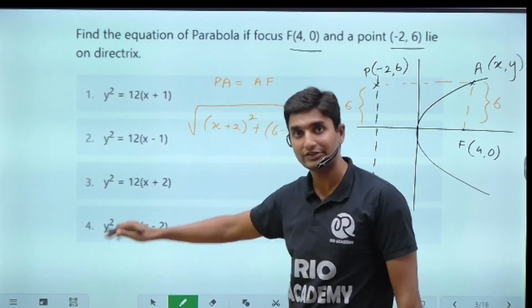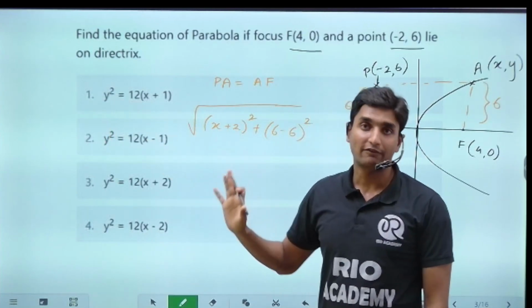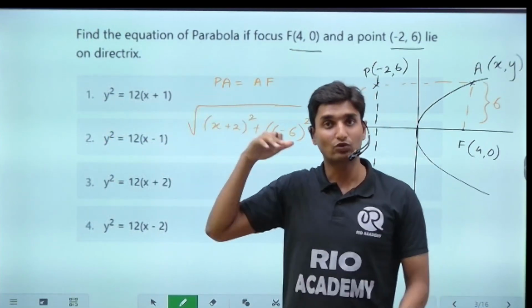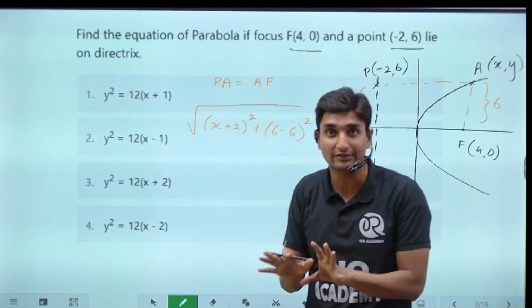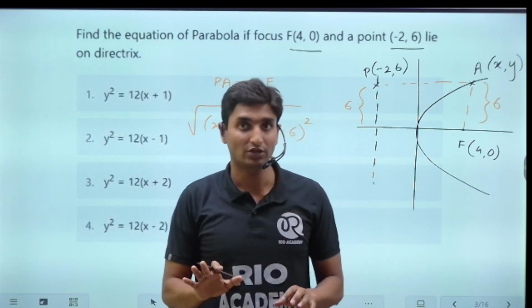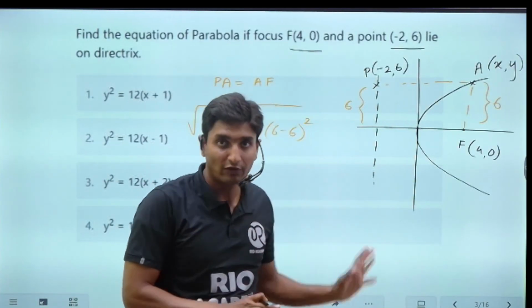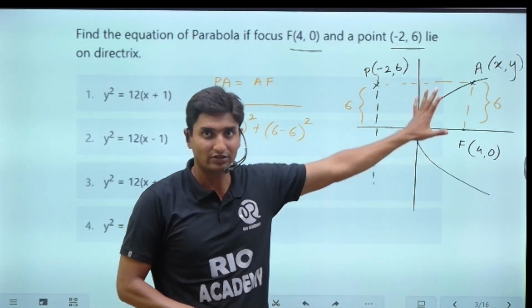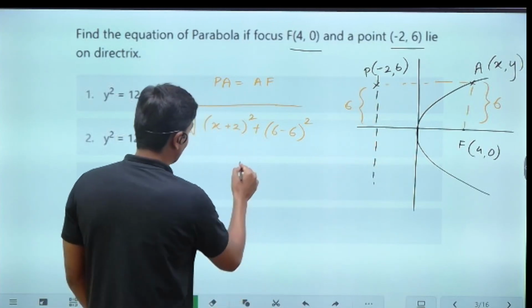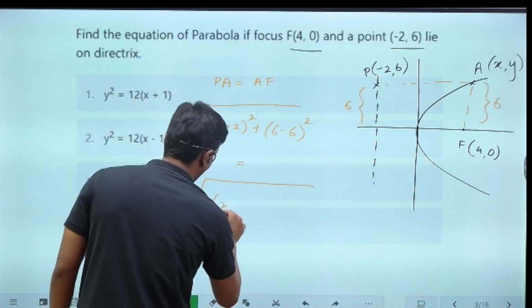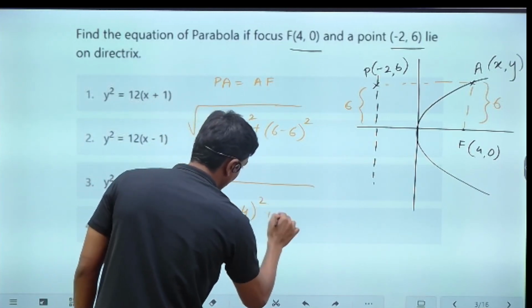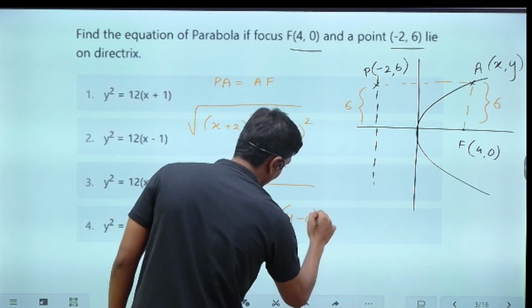If you look at the options, they are on a square basis. They haven't mentioned in the question that we have to square them, or we have to assume these values, or we have to derive or analyze them. Just by looking at the options, we'll have to understand that we have got to substitute this one. Okay, they are both one and the same. So on the right hand side here, the values will be the same. It will be what? X minus of 4 whole square plus of y minus of 0 whole square.